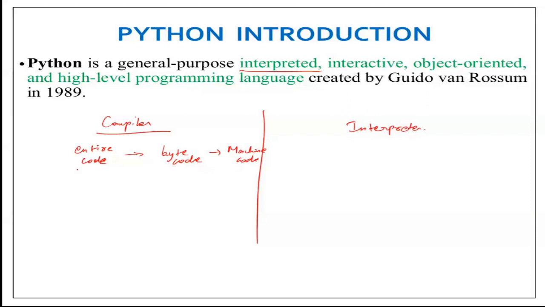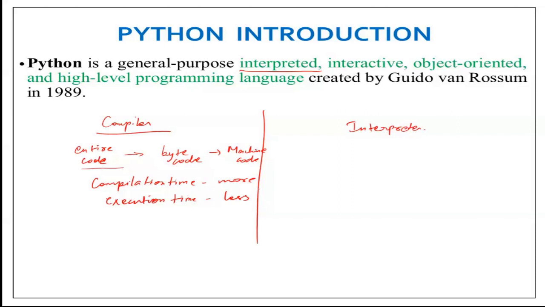Since it is compiling the entire code, the compilation time will be more, but the execution time will be very less, because our code will be in machine readable format, so it can perform much faster.